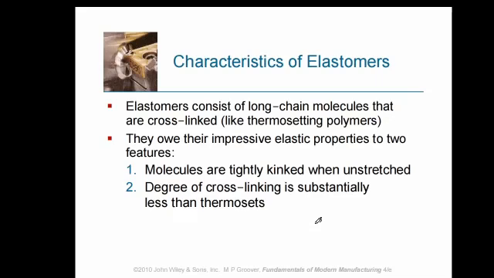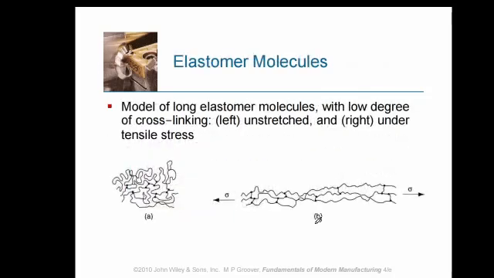So elastomers are long chain molecules that are cross-linked, just like thermosets. They owe their elastic properties to two features. Firstly, the molecules of elastomers are tightly kinked when unstretched. So they have a kink or a bend as shown in the diagram here.